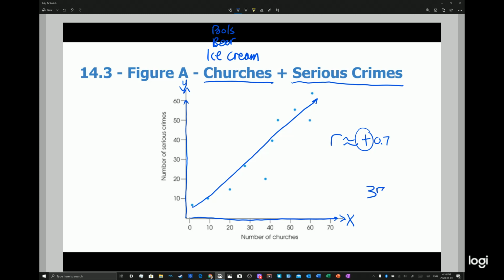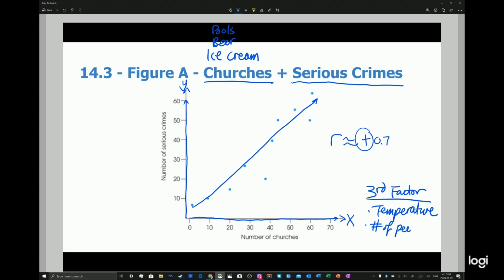So a third factor here, if you remember from your research methods class, if you can think of one, you can write it down or think about it. So a possible third factor could be temperature. Right? So the hotter the weather is, the nicer the weather is, the more people are going to go outside. For churches, it could be the number of people, right?